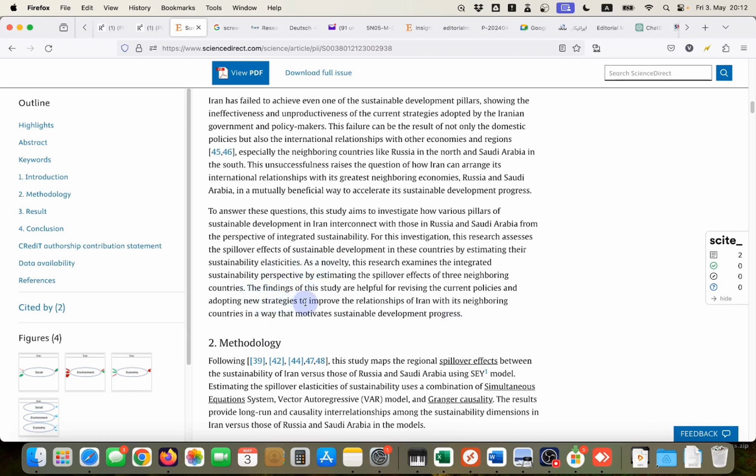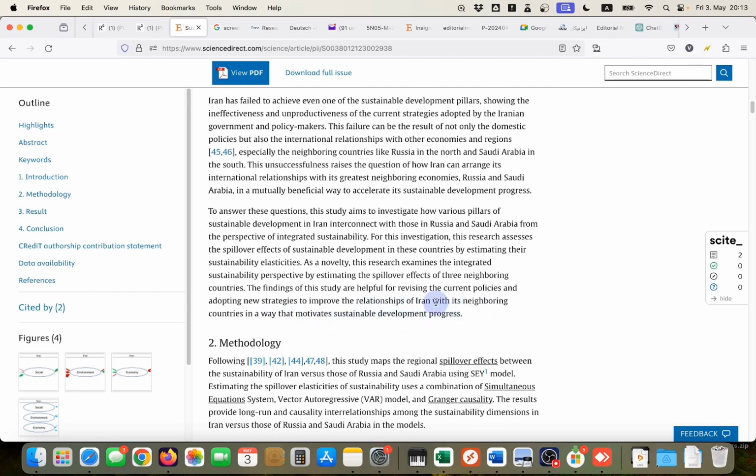Here it writes, the findings of this study are helpful for revising the current policies and adopting new strategies to improve the relationship of Iran with its neighboring countries. The first part of the sentence, the findings of this study are helpful for revising the current policies, shows that this sentence expresses the contribution of the study, how it helps policymakers, how it helps researchers.